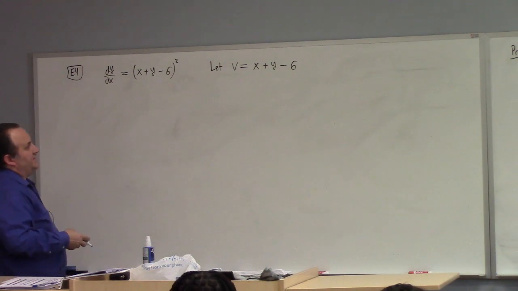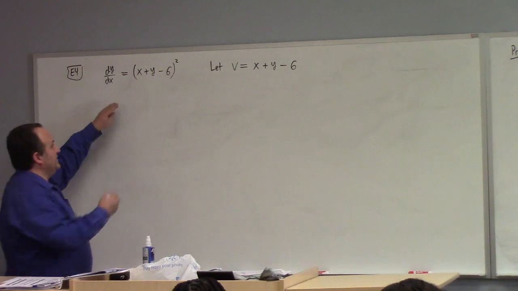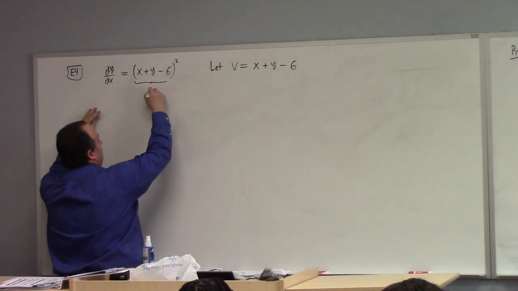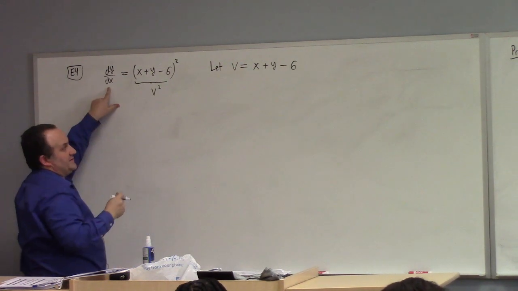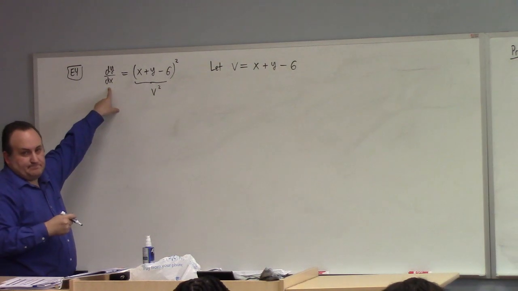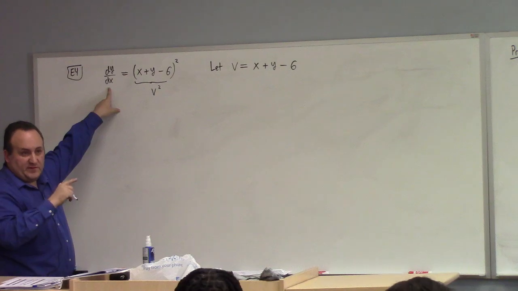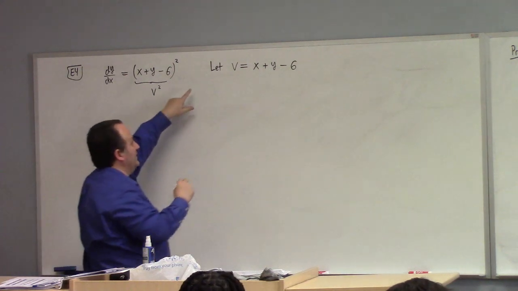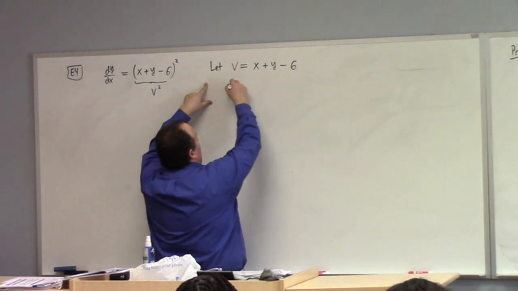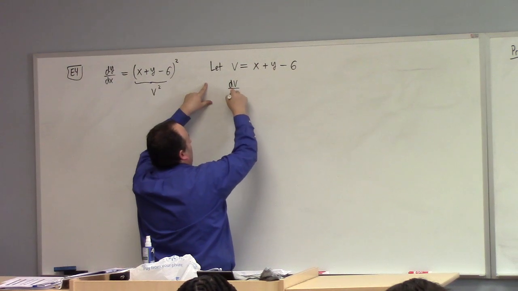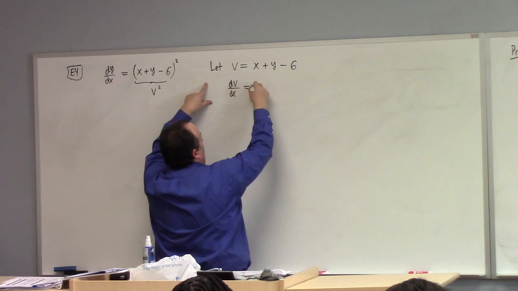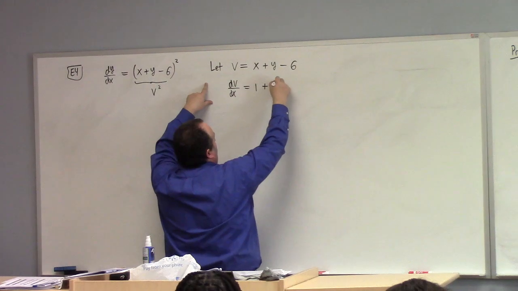So, all right, if that's the case, this is v squared, right? But what's dy dx? So what we need to do is differentiate the substitution equation here. So this tells us that dv dx is what? 1 plus dy dx.